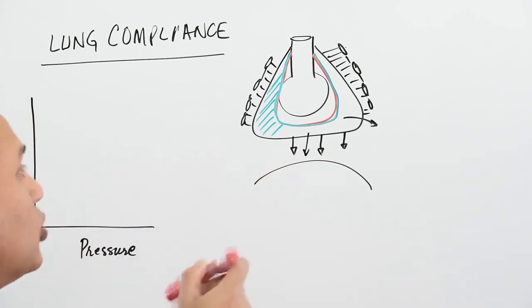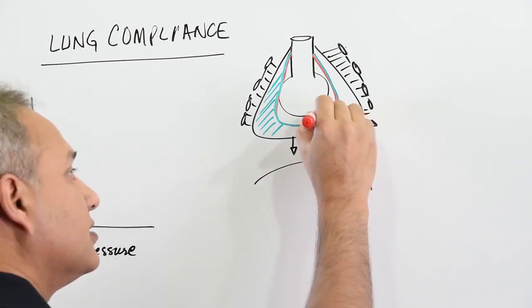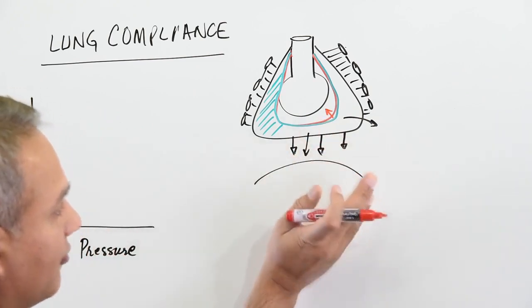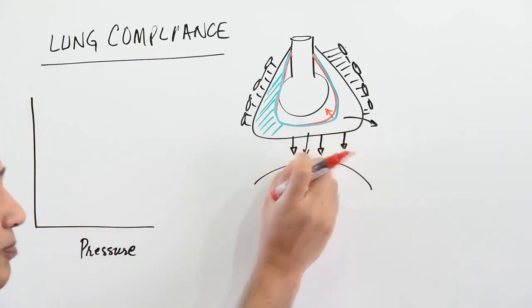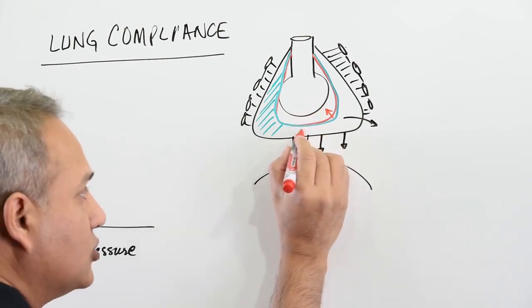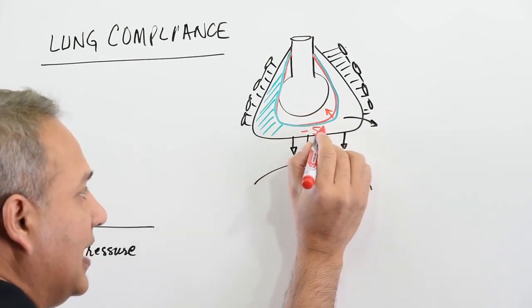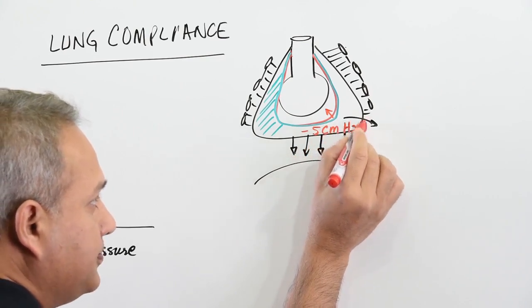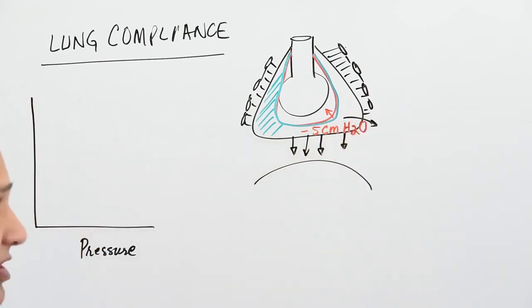So there is an inward force of the lung recoil, and there is an outward force because of the pull on the pleura. So inside the pleura the pressure is normally negative. Let's say at rest it is -5 centimeters of water. That is the normal pressure there.